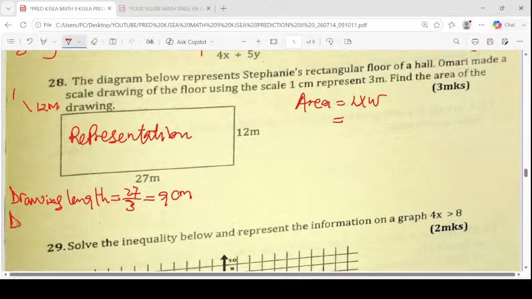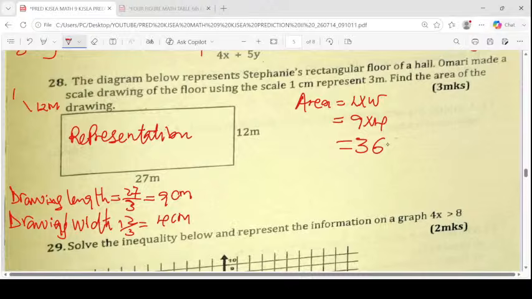Then the drawing width will be 12 over 3, which is 4 centimeters. So this will be 9 times 4 to give you a drawing area of 36 square centimeters.